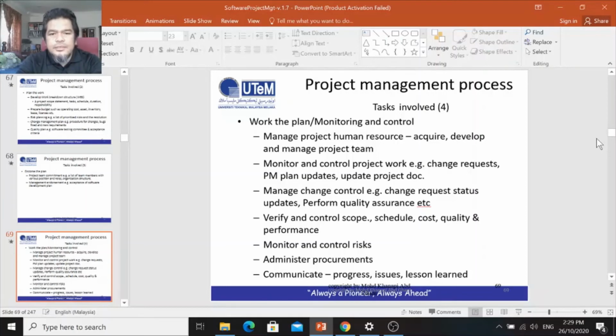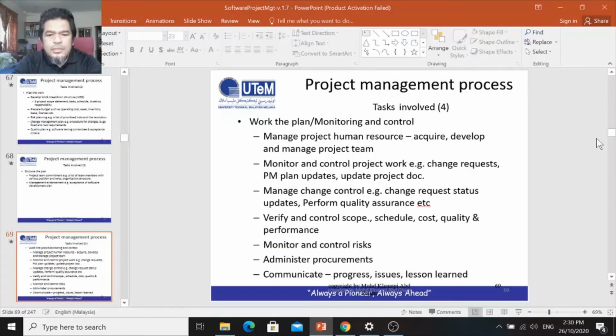So you need to manage the human resource. You need to monitor and control the project, change requests, and update the project documentation. So manage change control and change requests, and verify and control the scope, schedule, cost, quality, and performance. This is very important. When the user asks for changes or adds requirements, you need to control it.